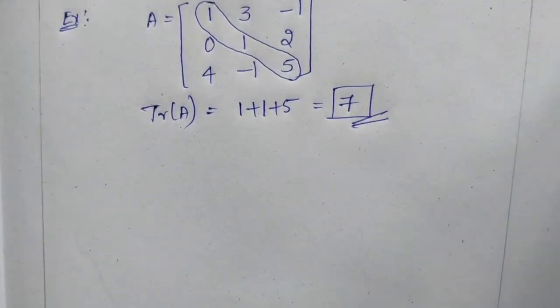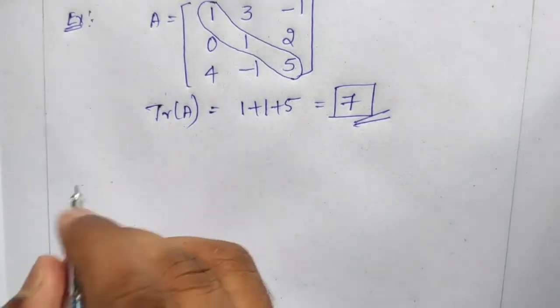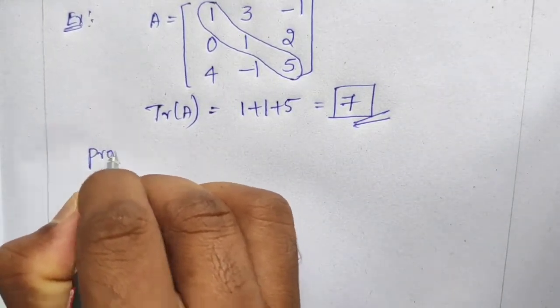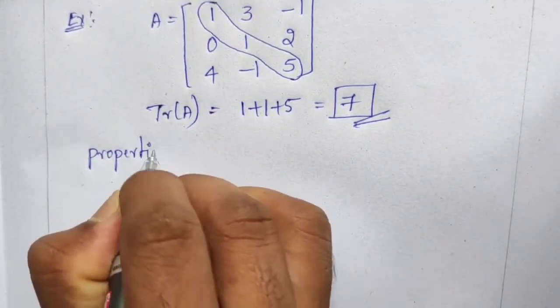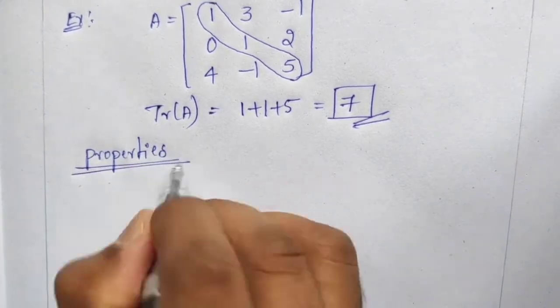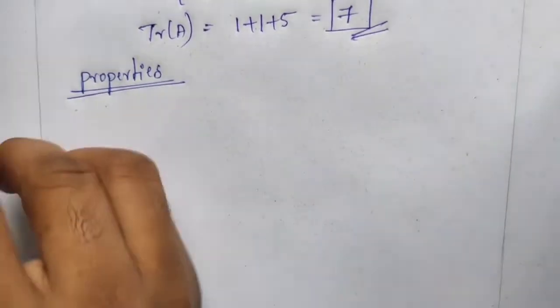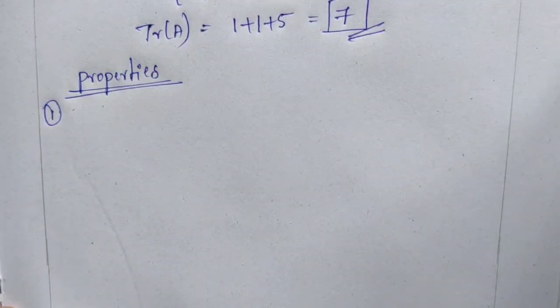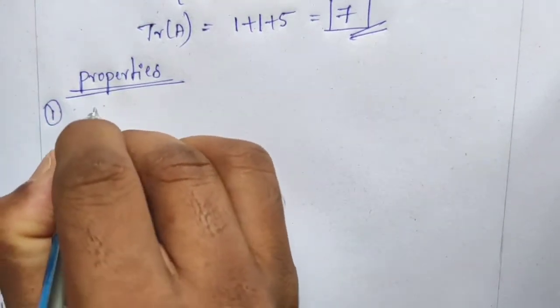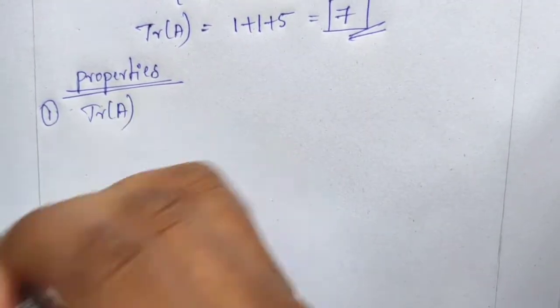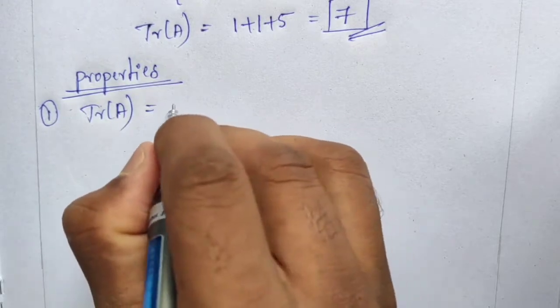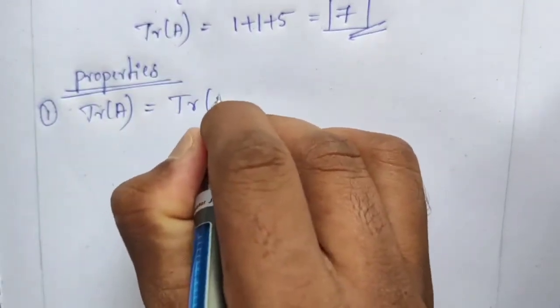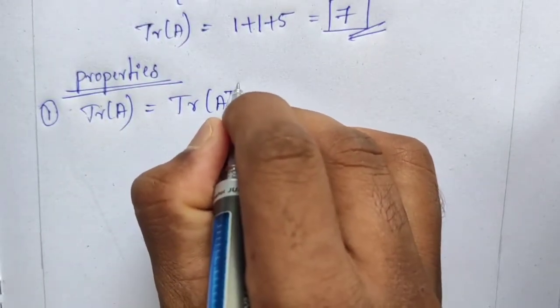Let us discuss some properties. The first property: trace of A equals trace of A transpose.